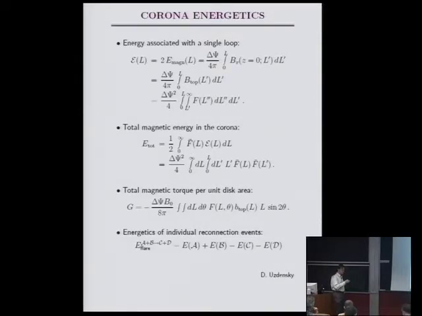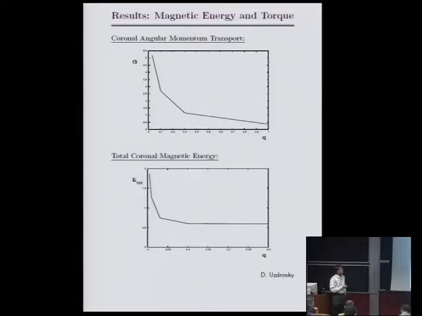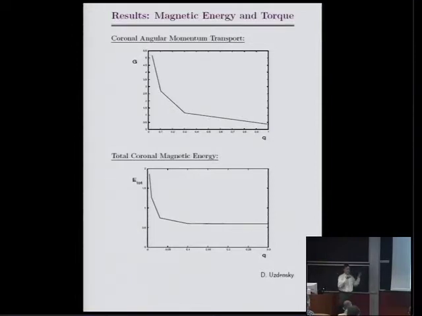In particular, and this is probably the most important slide here, as reconnection becomes more and more inefficient, if you suppress reconnection, then your loops become larger and grow to larger height. This is because they're stretched azimuthally by Keplerian shear to larger distances before they have a chance to reconnect. So the overall magnetic scale height, if you wish, increases.